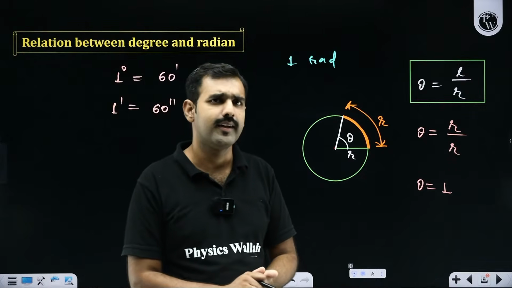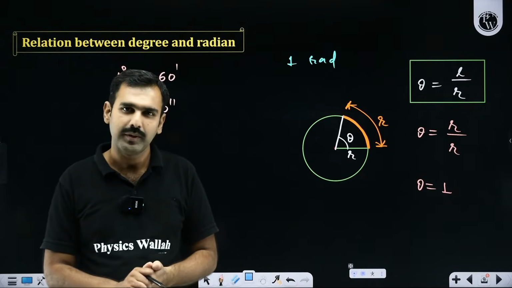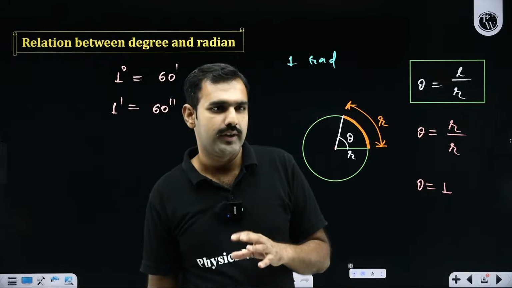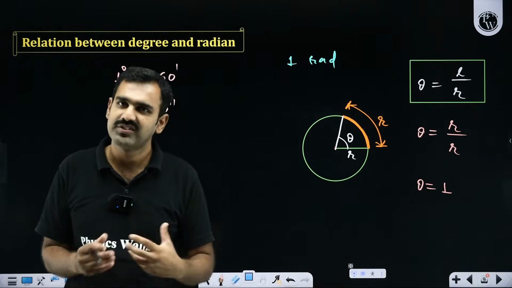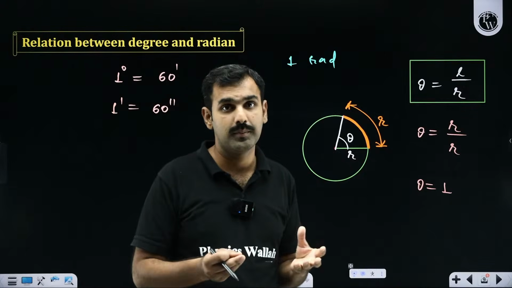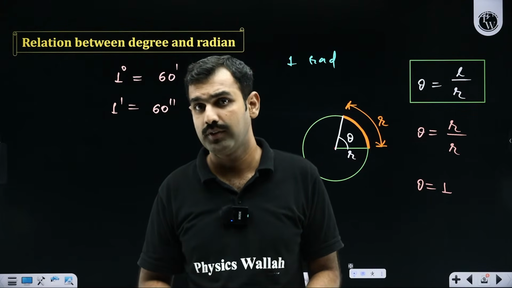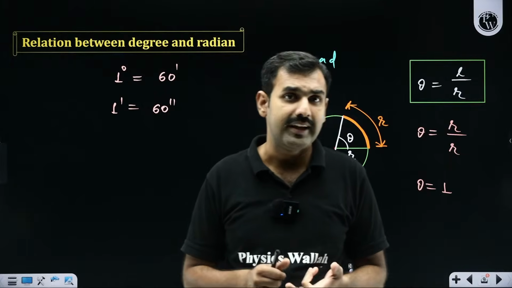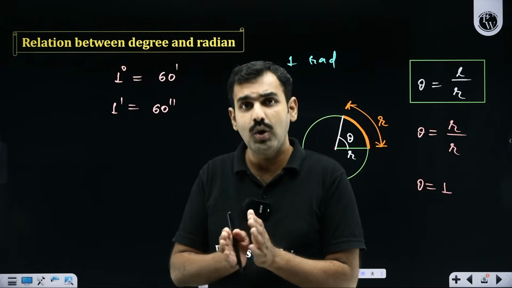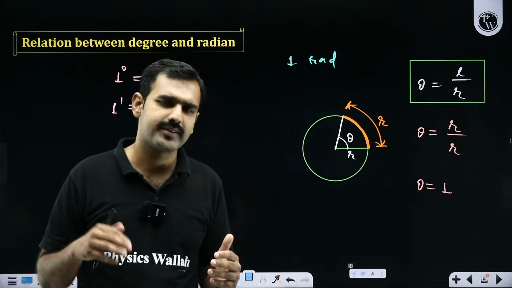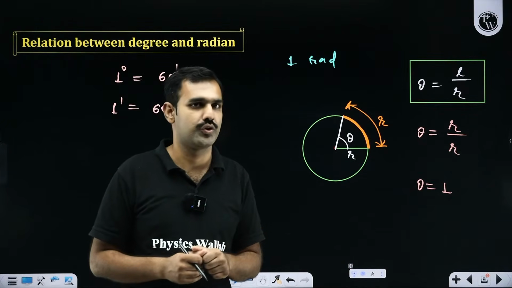1 grade you will convert it into 100. It was, I think, developed by European or French people, and it did not get very famous technically because the problem was 60 was a more beautiful number because it was divisible by a lot of numbers. It has a lot of factors like 2, 3, 5, 12, and because of that 60 got more popular. So we are still using that degree or radian conversion.